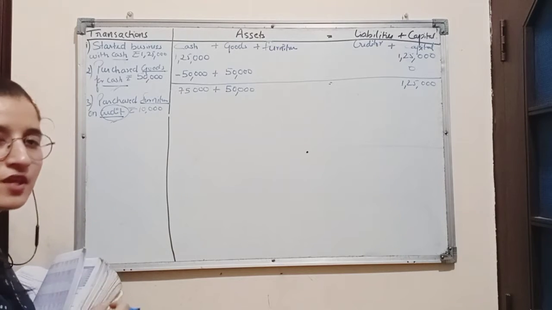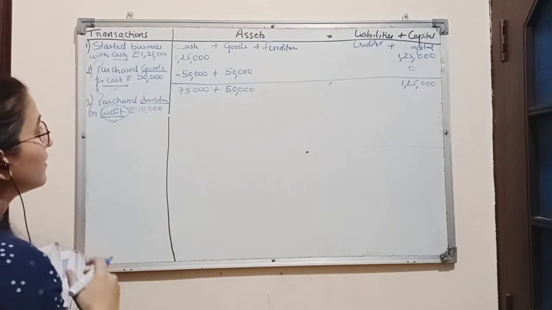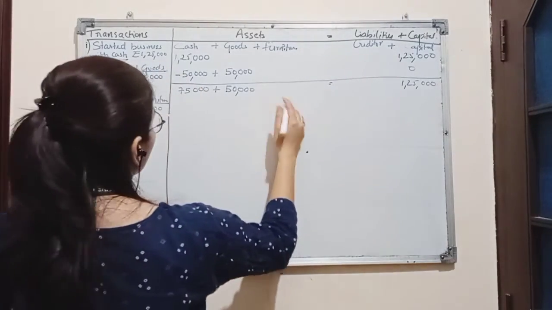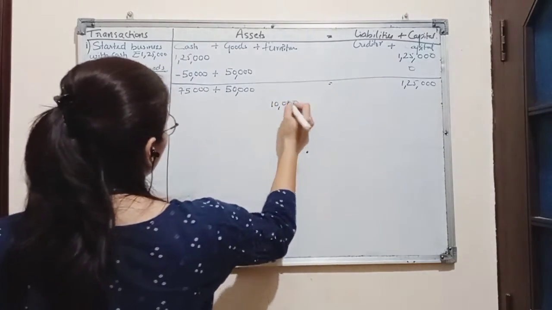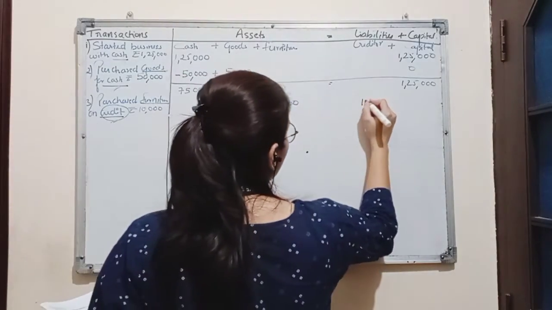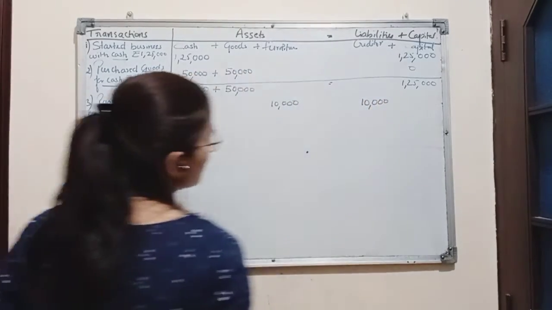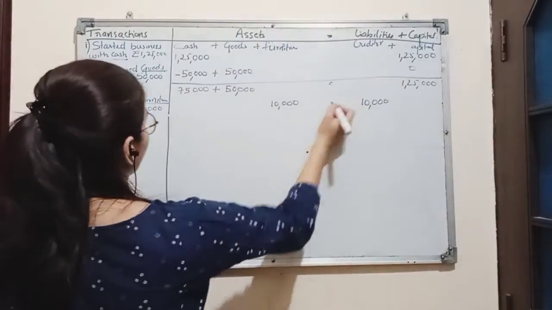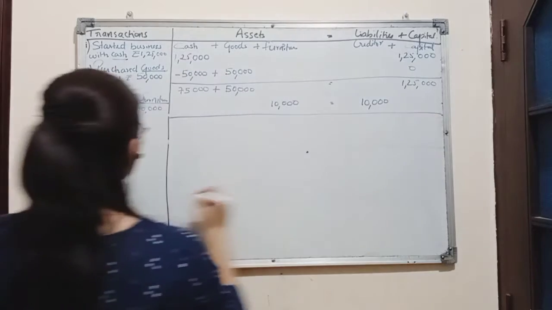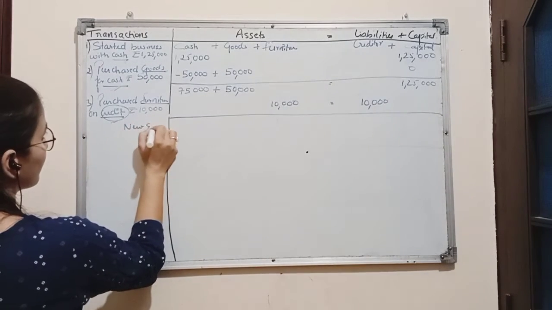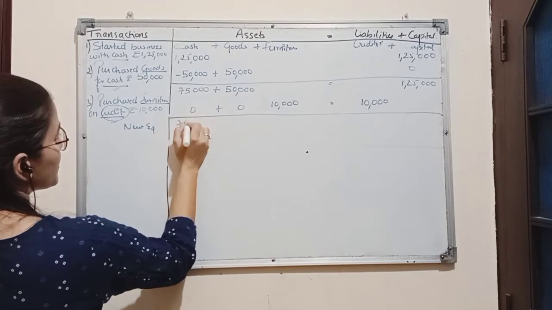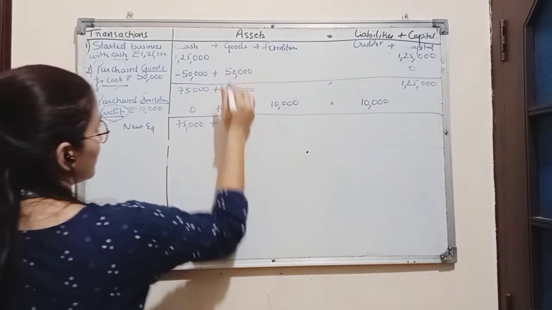So furniture purchased means there is an increase in asset side. So we will increase the amount of furniture here with the amount 10,000. And at the same time, creditors are also increased with the amount 10,000. So here new equation will be cash amounting to 75,000.